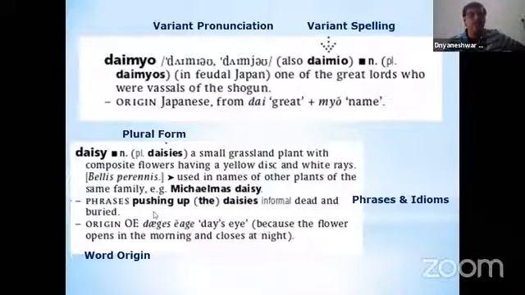So the phrase pushing up the daisies, which is used in informal context. So we come to know about it as well. Then we are also made aware about the word origin. So if you look at this origin OE, OE refers to Old English. So the word daisy originated in Old English. So that reference we also get in a dictionary.